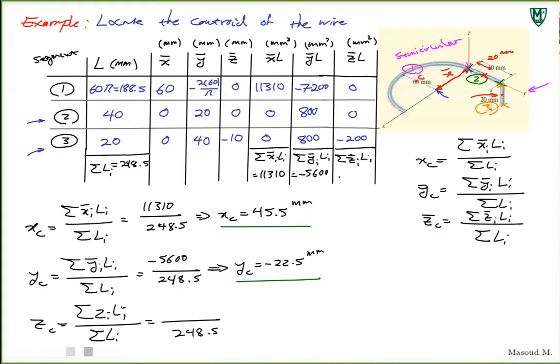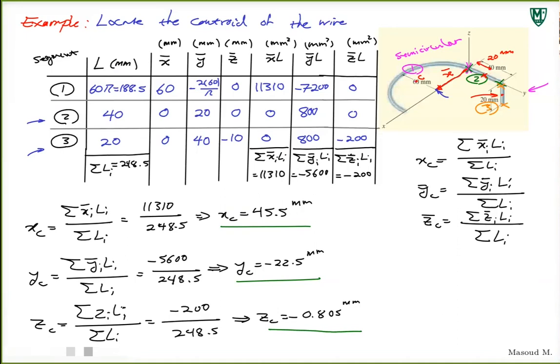Z bar I LI gives you minus 200. ZC would be minus 0.805 millimeters.